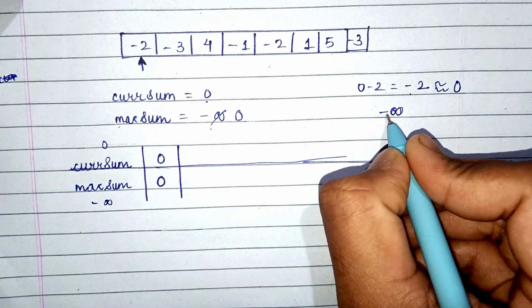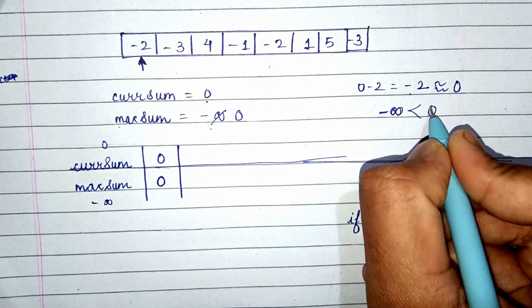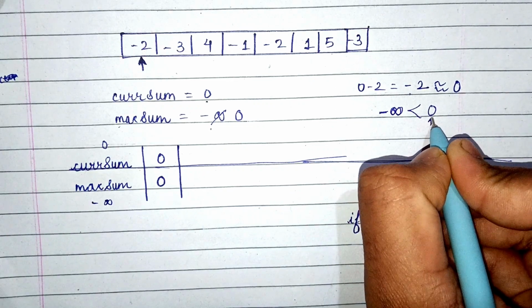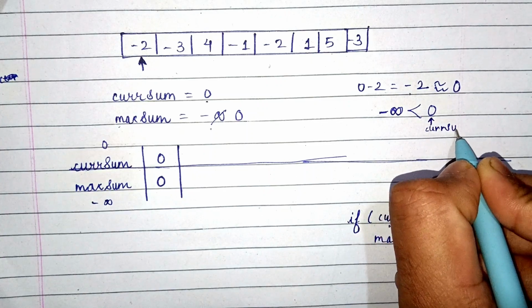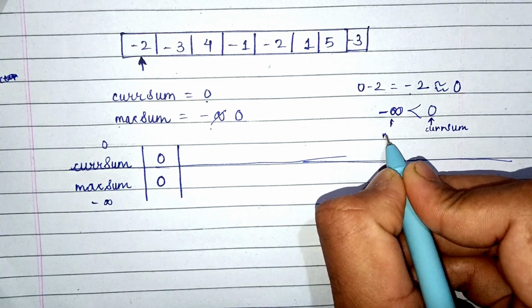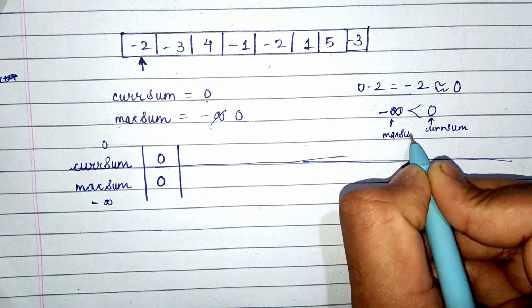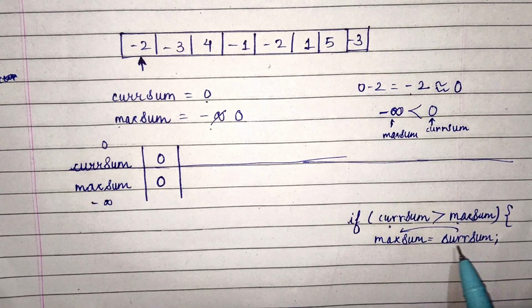Minus infinity is less than 0, so 0 is the current sum and minus infinity is the maximum sum. As we have discussed, if current sum is greater than maximum sum, then current sum will be the maximum sum.